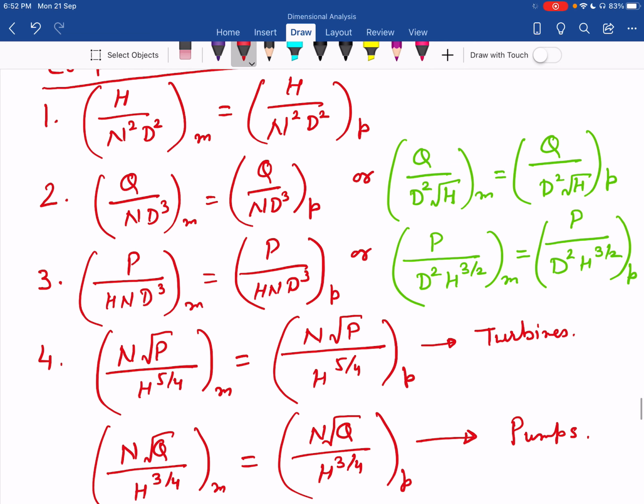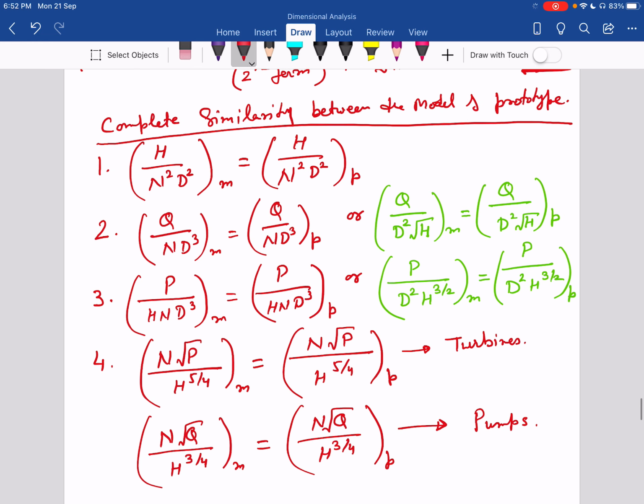Now you can see in case of turbines, I can use equation number 1, equation number 2, 3, and equation number 4. So for turbine, I use this equation, or in terms of this, I can use this equation, or this and this.